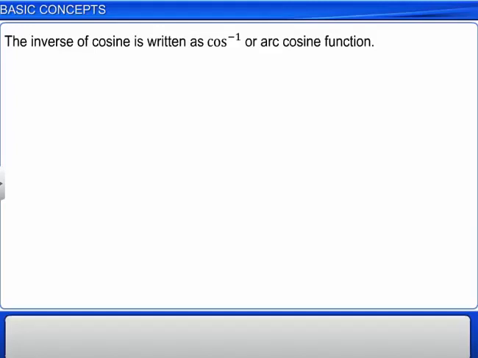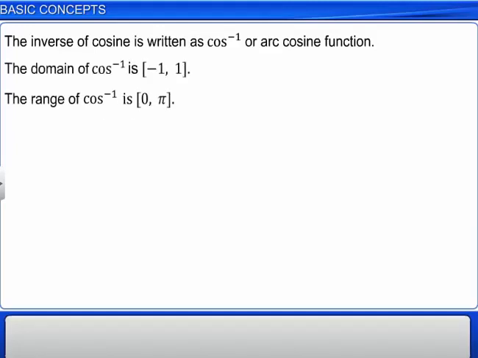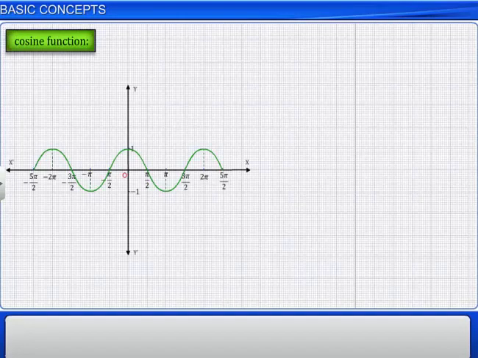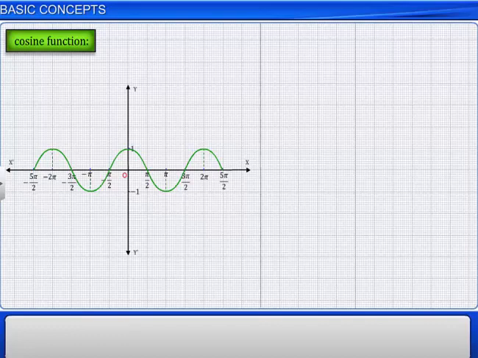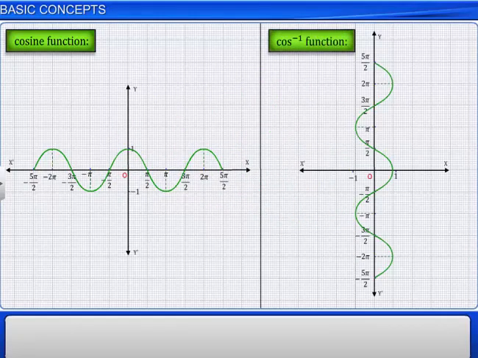The domain and the range of the cosine inverse function are closed interval -1, 1 and closed interval 0, pi, respectively. The branch with the range 0 to pi is known as the principal value branch of the cosine inverse function. The graph of the cosine inverse function can be obtained by interchanging the x and y axes in the graph of the cosine function.